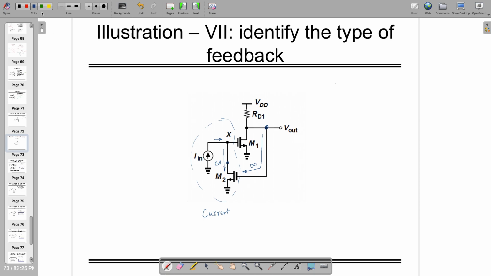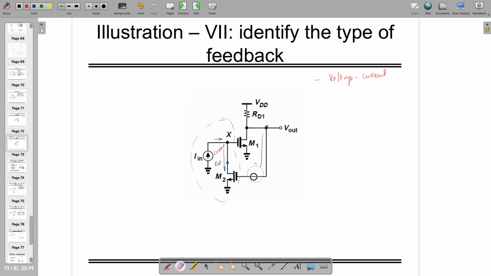So this side is a voltage, and this side is a current. And if it is current at the input side, we already found out from the topology itself that it's a current, and the output side is a voltage. So it's called voltage current feedback topology, right?